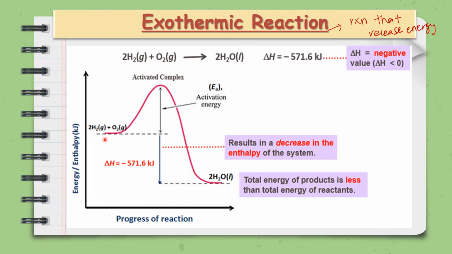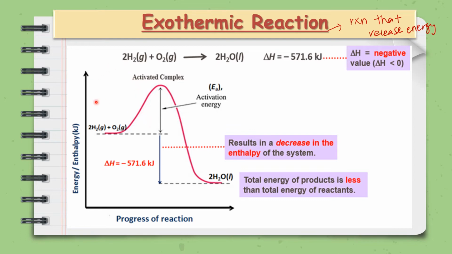And to draw the energy level diagram here, energy profile diagram, pardon me, we will start with the reactants having a higher energy compared to the product. So what happened here actually? When the reactants, 2 mole of H2 and 1 mole of oxygen, react with each other, they will release energy during the reaction.